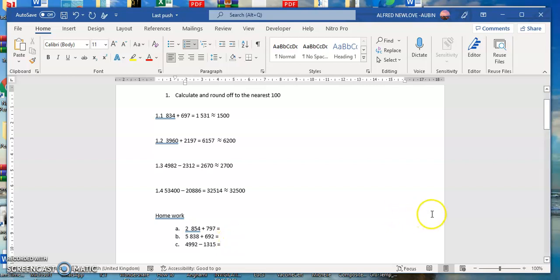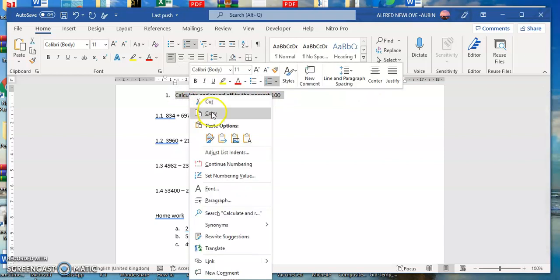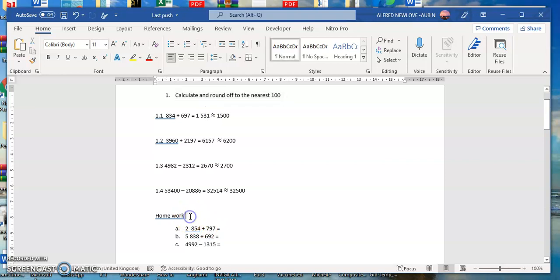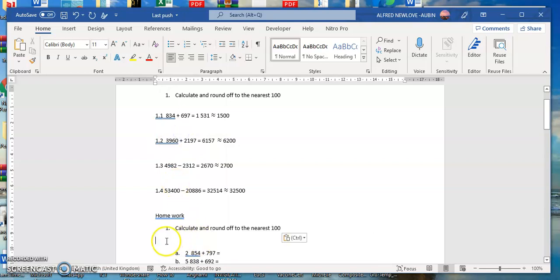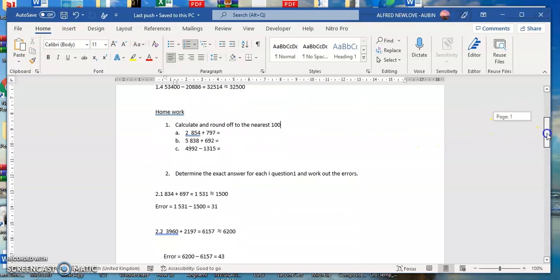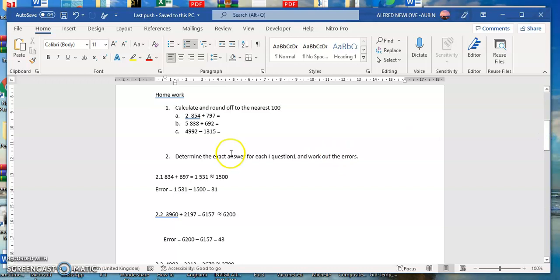So you round it off to the nearest 100. Now let's move on to the next one. So you practice this.